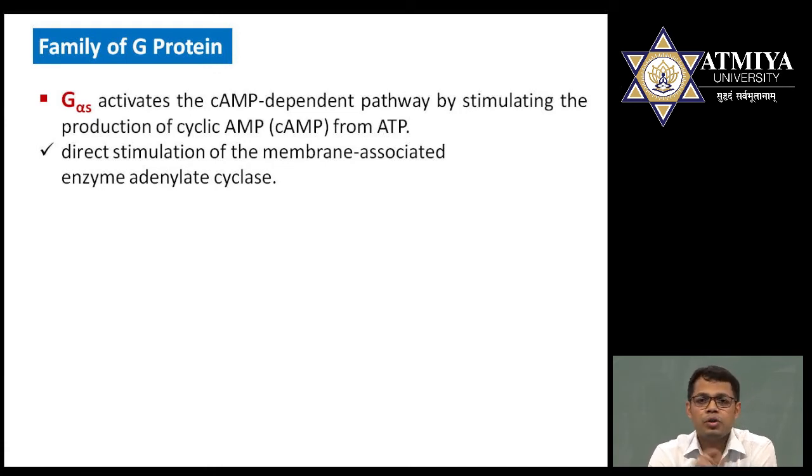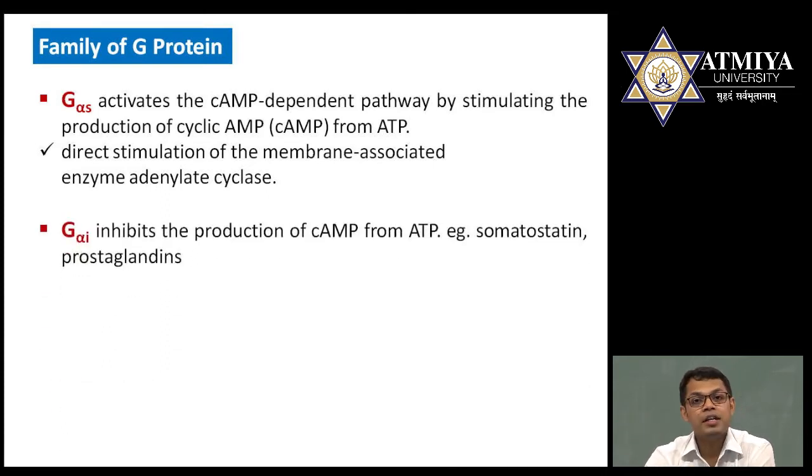It means those G proteins which are responsible for the stimulation of adenylate cyclase so that cyclic AMP is formed. So G alpha stimulatory will stimulate adenylate cyclase and hence stimulate cyclic AMP production. You should remember this, because there is a transduction pathway in which I will again explain the stimulatory. So stimulatory is for stimulation of cyclic AMP in short.